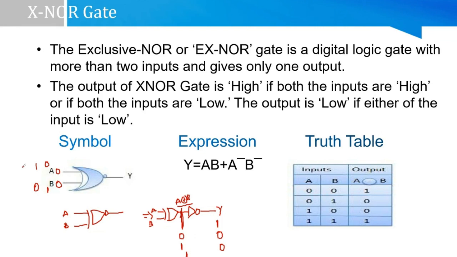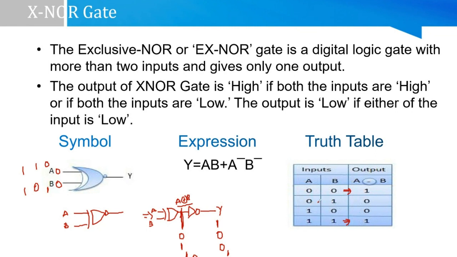So when both the inputs are at a high, the XOR will be 0 and XNOR will be 1. So it is an inverted XOR operation, or in a simple manner, you can see that whenever both the inputs are at the same condition, you will be having the output at a high.